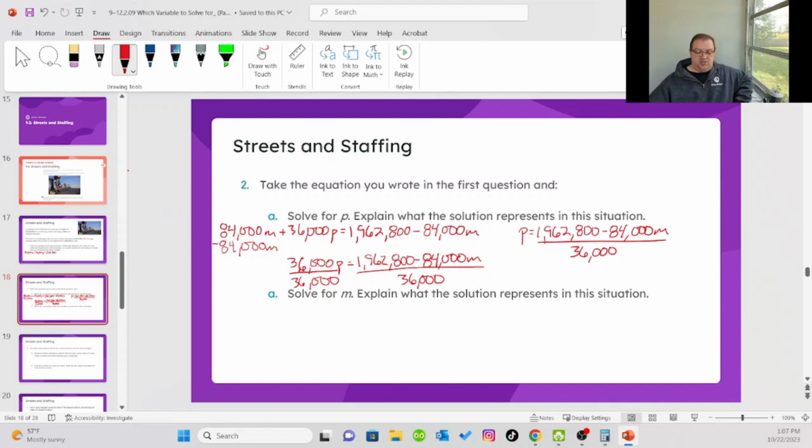Now they want us to solve for M instead. So we use the same steps, just in reverse.